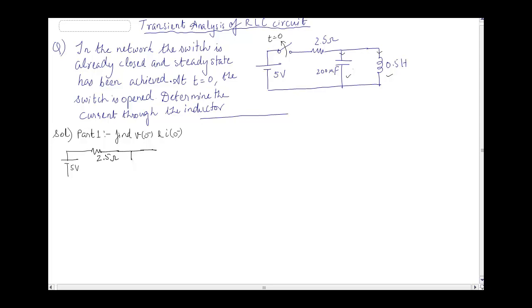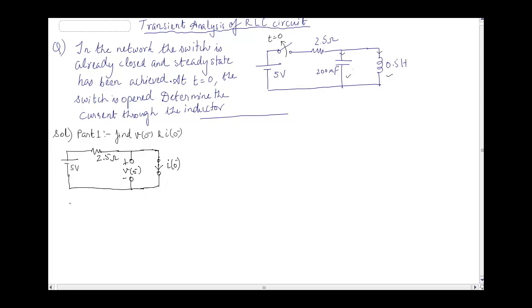At steady state, the capacitor acts as an open circuit and the current passes through the inductor, which acts like a short circuit. Whatever is the voltage across the capacitor is our V0 minus, and whatever current passes through the inductor is our I0 minus.